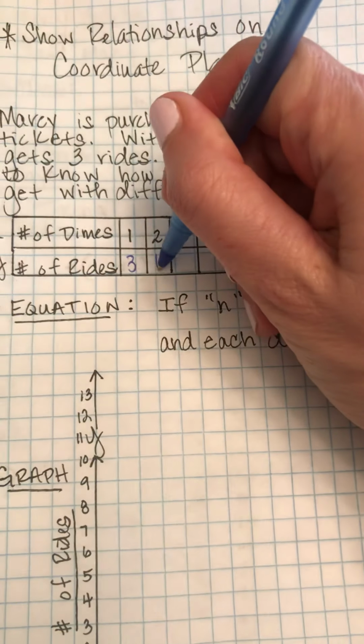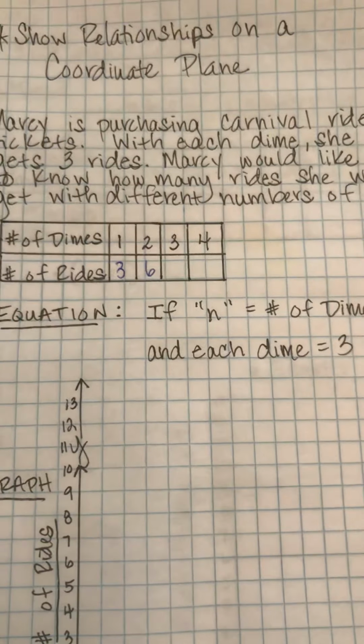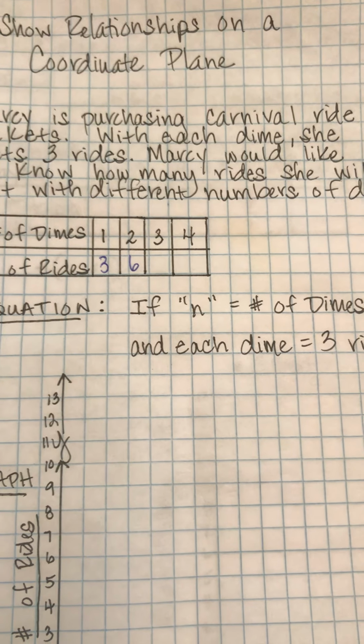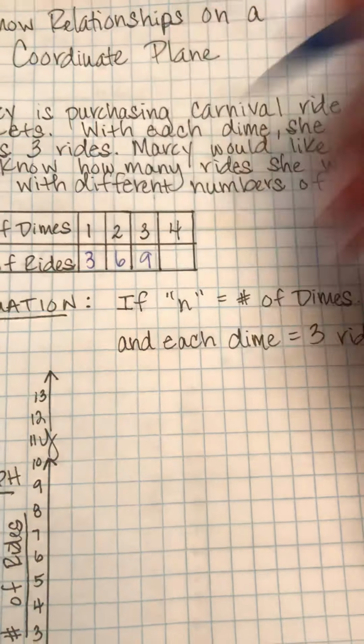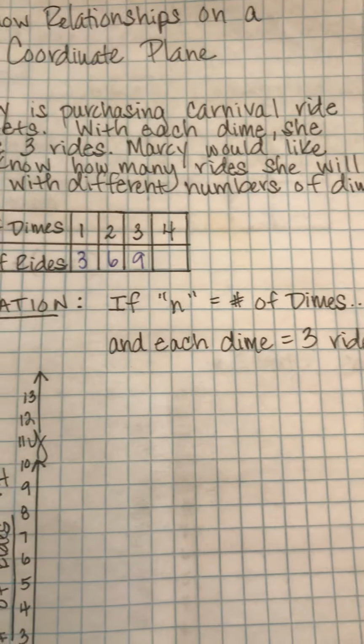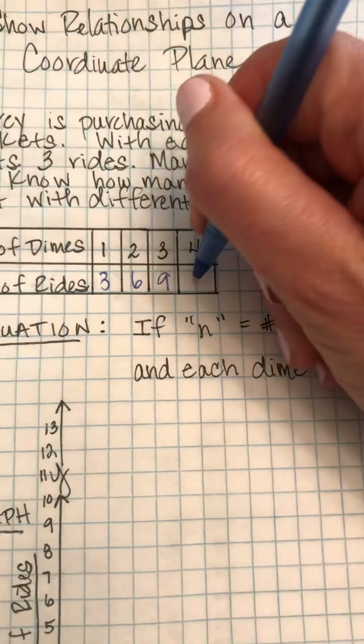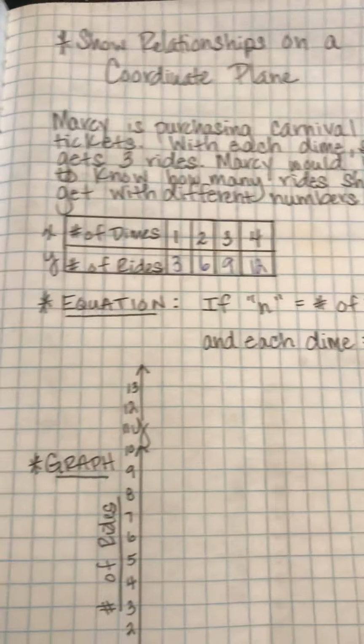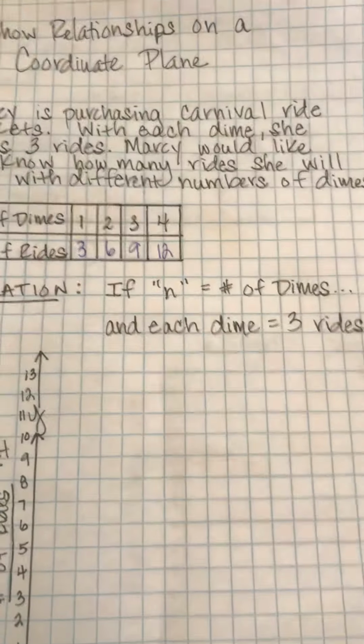That's right, she'll get 6 rides. What if she has 3 dimes? How many rides will she get? 9. And what if she has 4 dimes? How many rides will she get? 12.